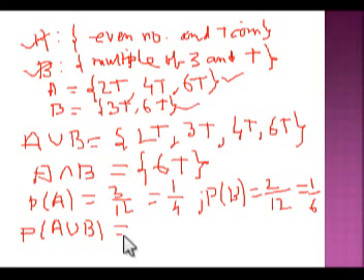Probability of A union B. There are 4 elements, so this will be 4 by 12, and this will be 1 by 3.